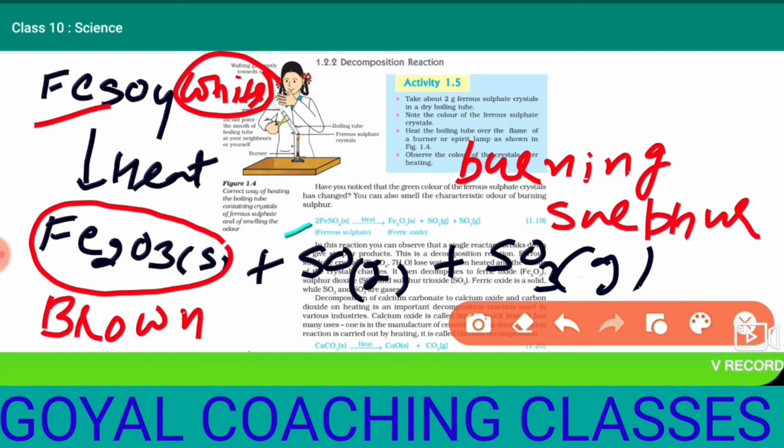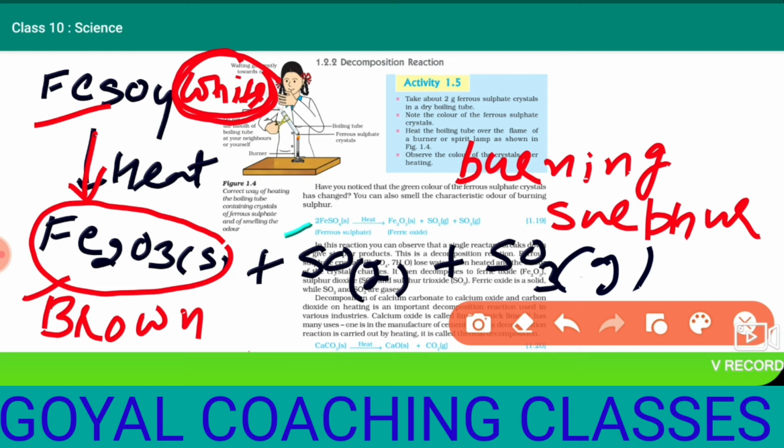When you heat it, it loses the water. After losing the water, it will become white. And when you keep providing heat, it will give Fe2O3, SO2, SO3. Fe2O3 will be brown in color, SO2 gas and SO3 gas are coming, so that is why there will be a smell of burning sulfur.